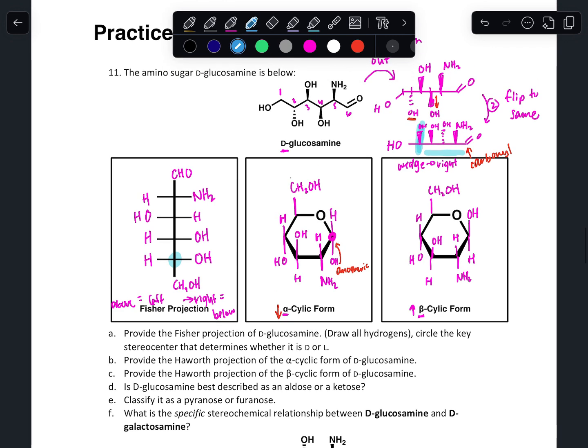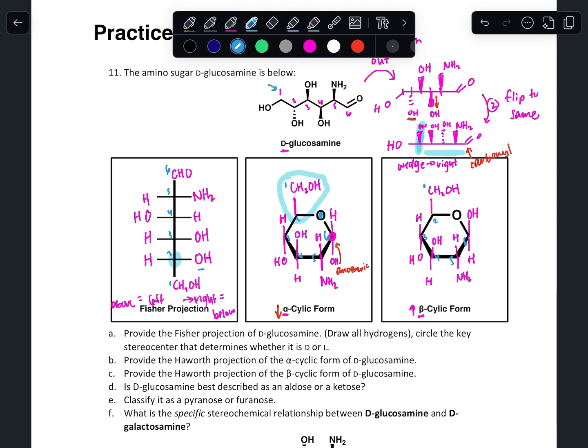So if we want to keep up with our counting from our original structure, we can go through and count here as well. So this would be 6, 5, 4, 3, 2, 1. We can then go through here, 6, 5, 4, 3, 2. And so our D glucosamine, this stereocenter, how it determines that is whether this CH2 is up or down is how this OH connects into the ring.